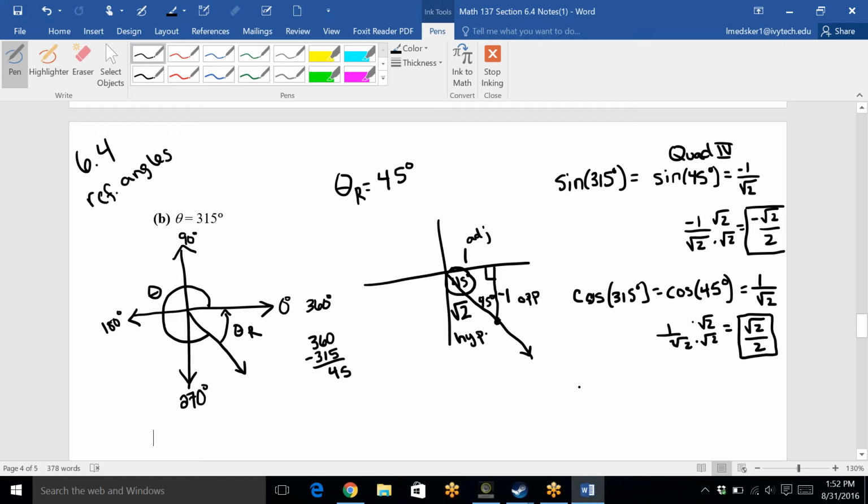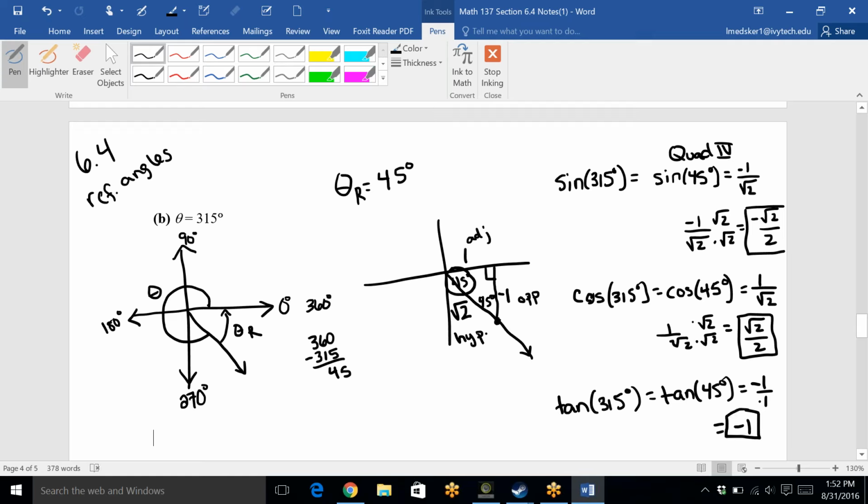Okay? And then the final ratio for this one is tangent, which again is going to be related to a tangent in quad 4 with a 45-degree reference angle. Tangent is opposite over adjacent, so that's -1 over 1, or just -1.